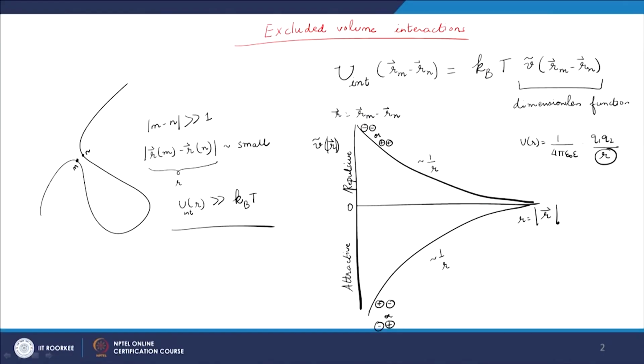We know about functions that decay faster than this, like exponential of something, they decay much faster compared to 1 by R. Of course, if I take higher powers of R, 1 by R squared, that will decay faster compared to 1 by R, because if I double the distance, the interaction now will be 1/4 as opposed to 1 by 2 in the case of 1 by R. Okay. So, there is something known as the van der Waals interaction that is present even between neutral molecules, and they are known to decay by 1 by R to the power 6.